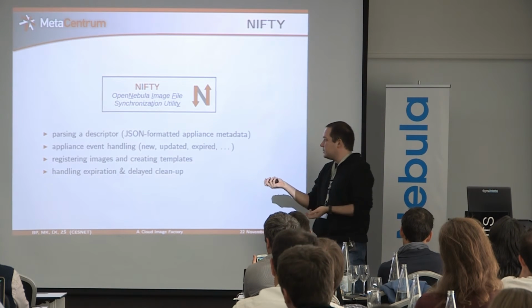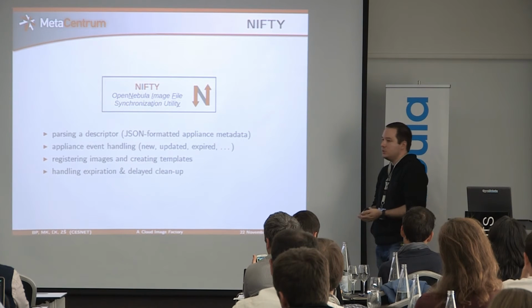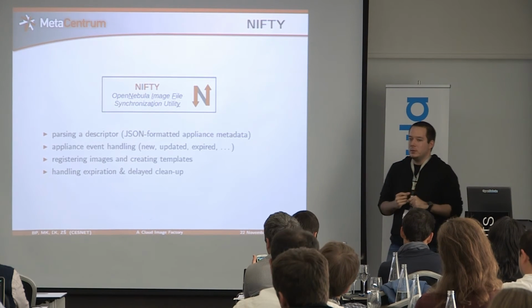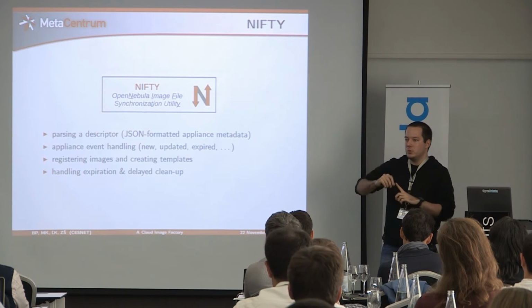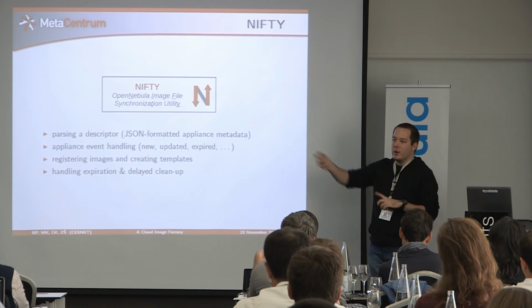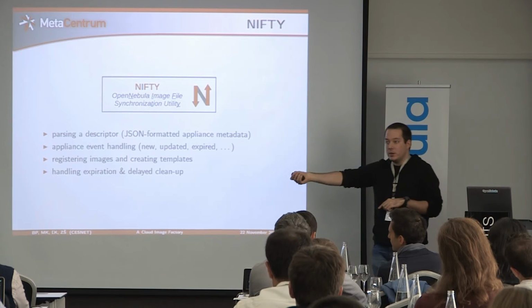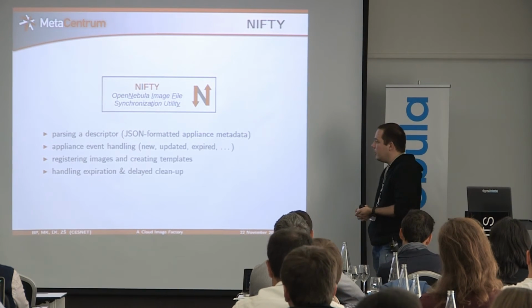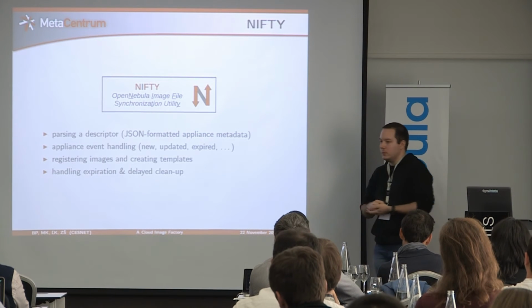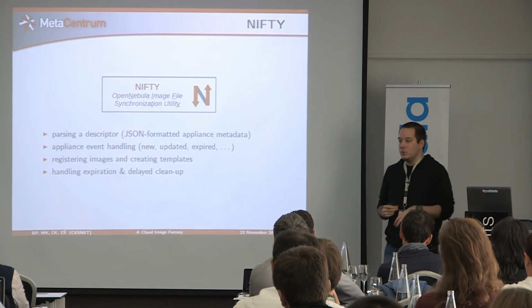And then it takes care of registering images, so it will do the upload. There are some transfer drivers, so if your OpenNebula is remote, it is able to SCP or rsync the image into a separate location and then simply trigger upload from OpenNebula. And then it will create the corresponding templates, so you don't have to.